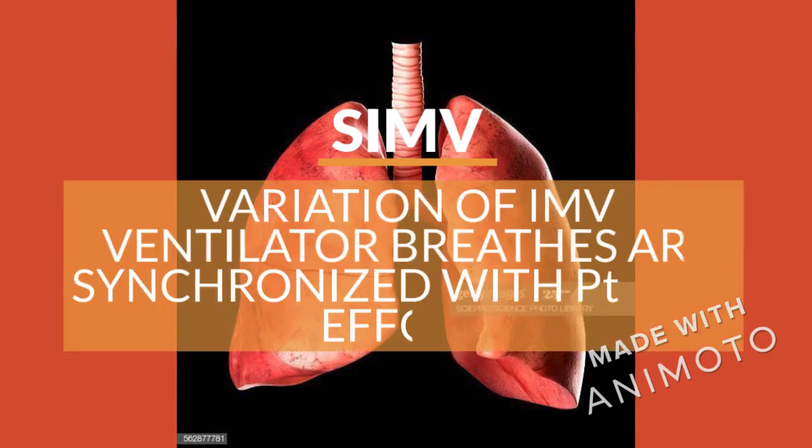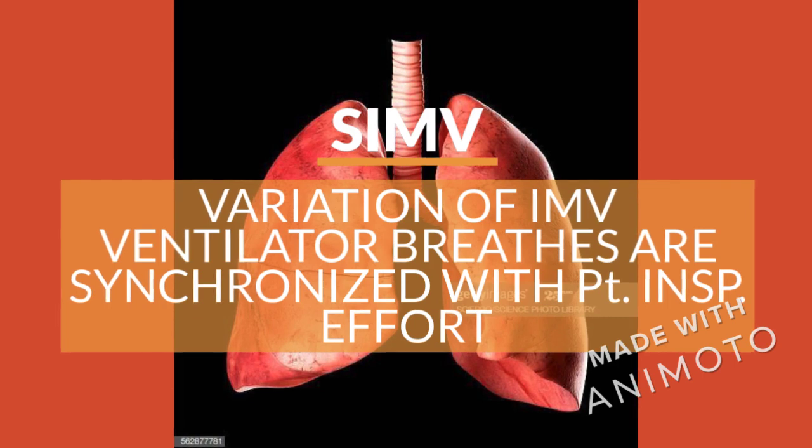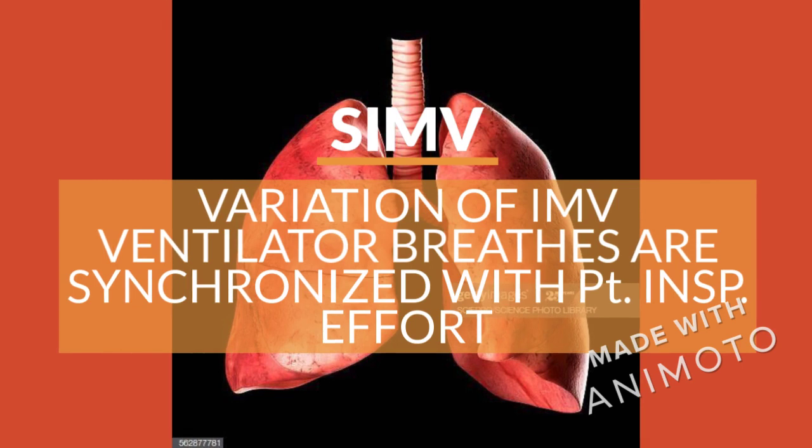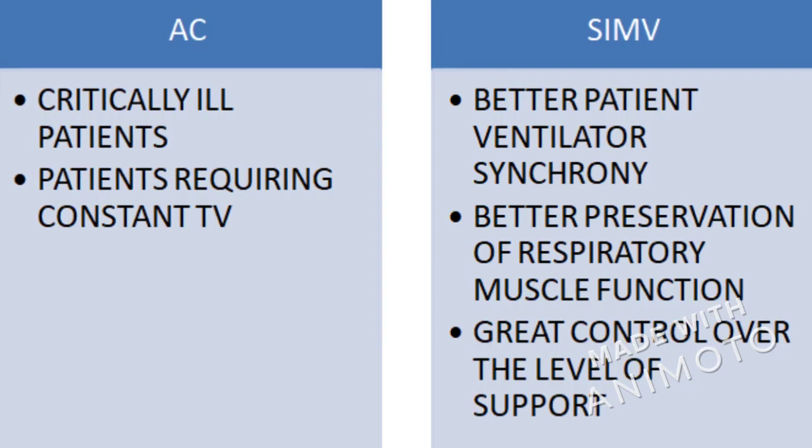Synchronized intermittent mandatory ventilation is a variation of intermittent mandatory ventilation in which the ventilator breaths are synchronized with the patient's inspiratory efforts. Its support can range from full to no support. Here is a comparison between the SIMV and AC mode.